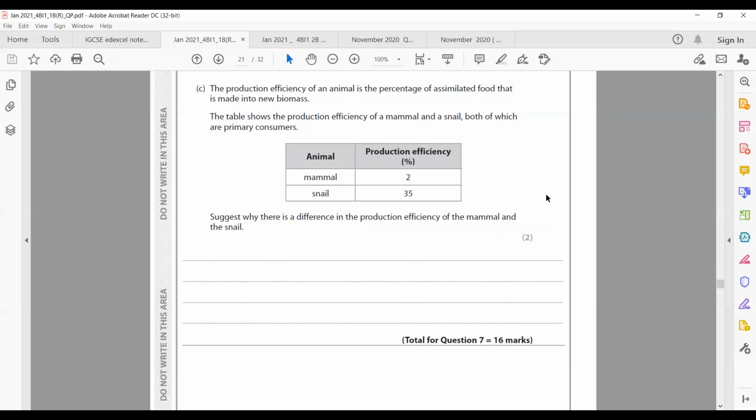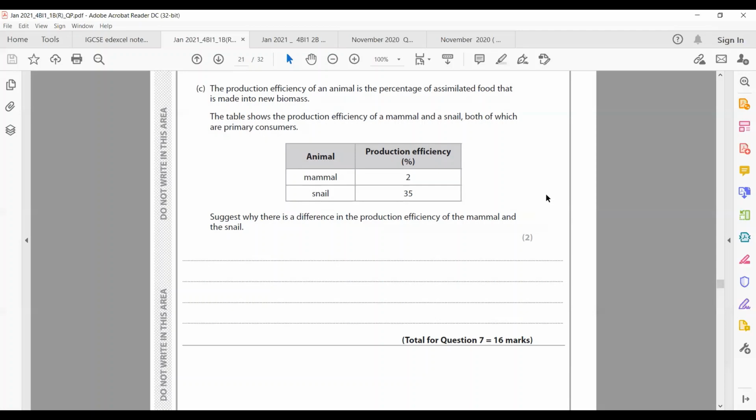Miss, is it because the use of assimilated food in the snail is reduced? Why? Of course it is reduced. So it has more usage of the assimilated food to produce new biomass. But what is the reason?